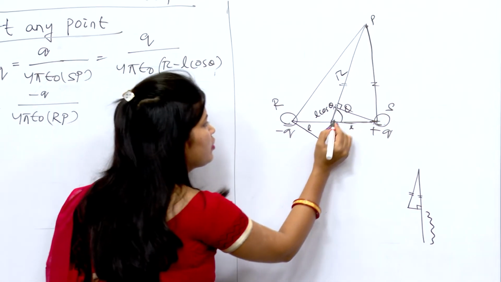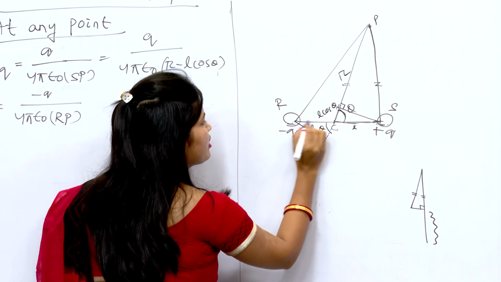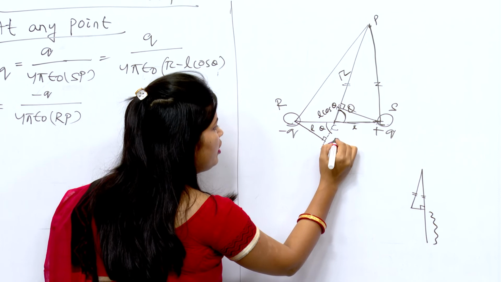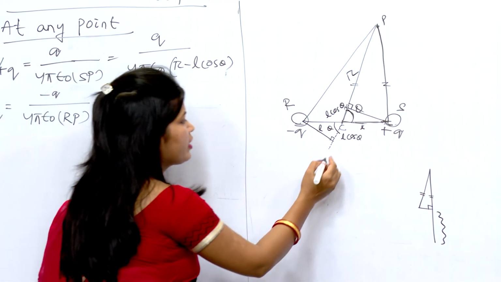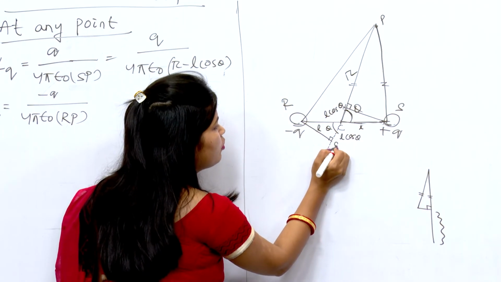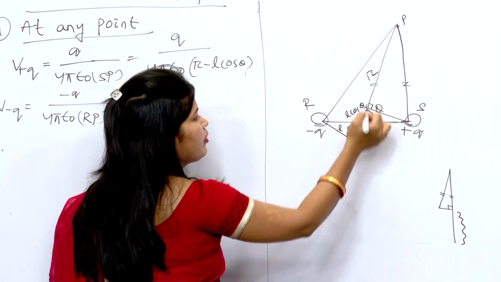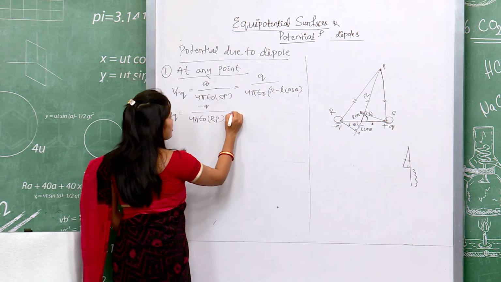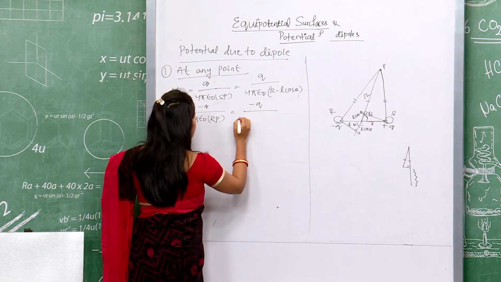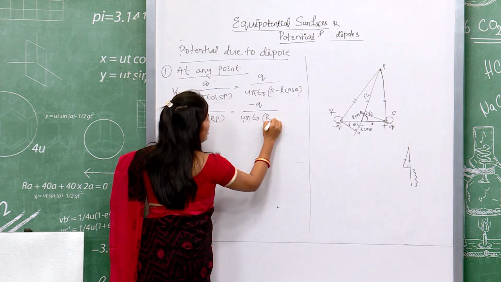As this angle is theta, this angle will also be theta and this length is L, so this component will be L cos theta. I will mark here O, so the OP distance is R plus L cos theta, similar to RP. So, the potential is minus Q upon 4 pi epsilon naught times R plus L cos theta.